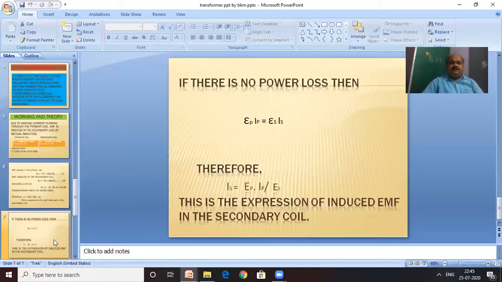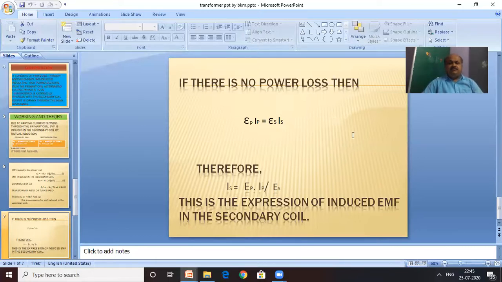Now, the second assumption: if there is no power loss, meaning we are considering that the transformer is ideal, the total power in the primary coil is equal to the total power in the secondary coil. Means input power equals output power.